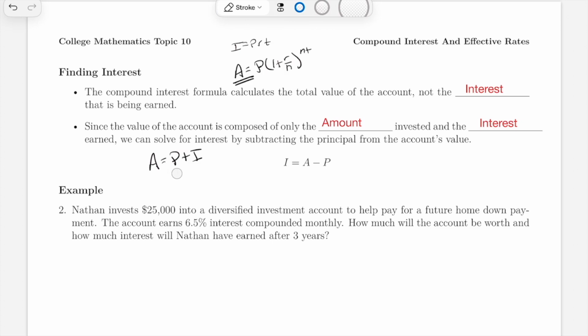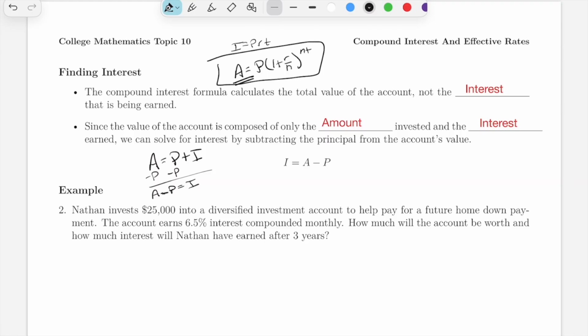If we subtract the principal from both sides here, that's where we end up with A minus P equals I. Don't get too confused by this formula. All we're saying is that when you use this formula to solve an equation, you're getting the final amount in the account. And that total amount is all of your original money along with all of the interest. So if you want to find just the interest, you've got to subtract off the original amount. That's all.